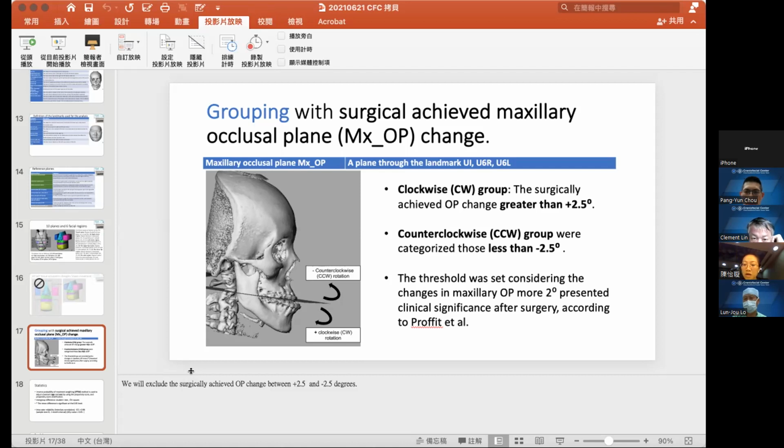So we tried to use 2 degrees, but we think that maybe 2 degrees may not show us more significant changes.